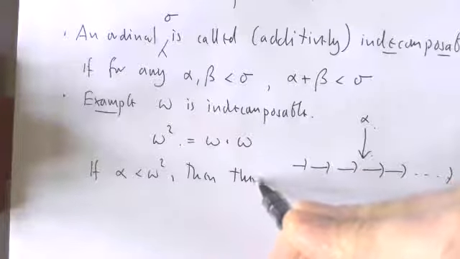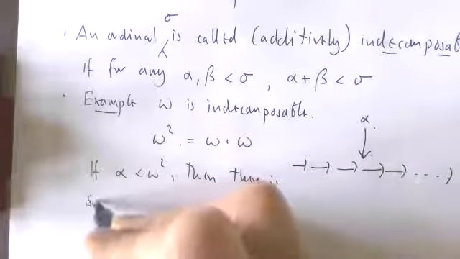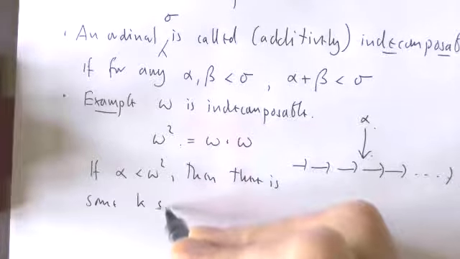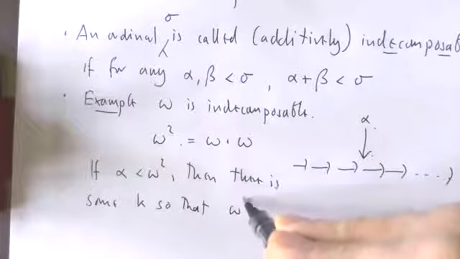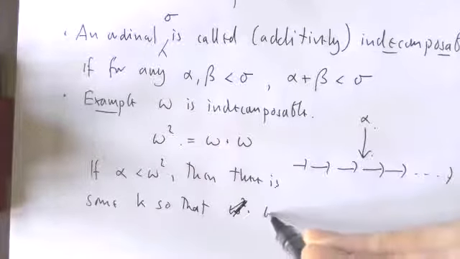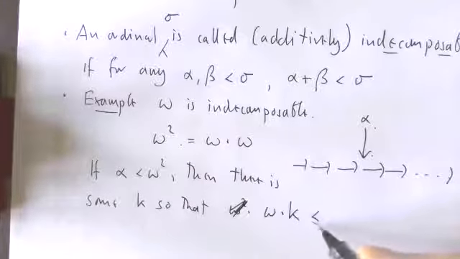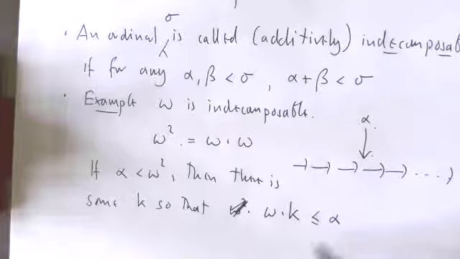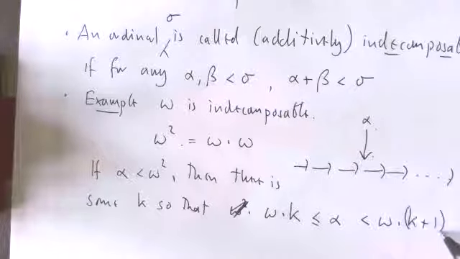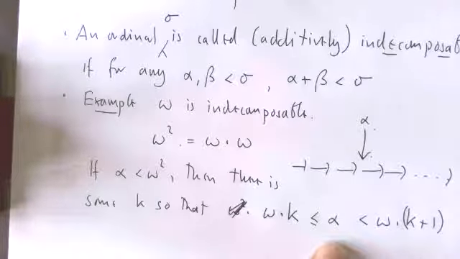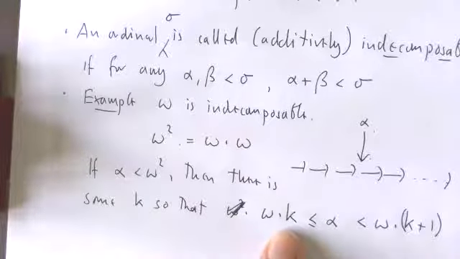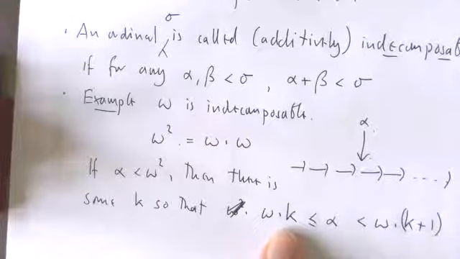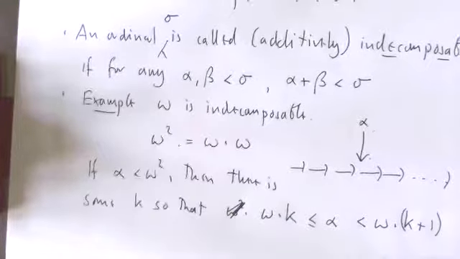Then there is some k so that omega times k is less than or equal to alpha, and it's less than omega times k plus 1. Because alpha appears on or after the kth block of omegas, and it's before the next one.